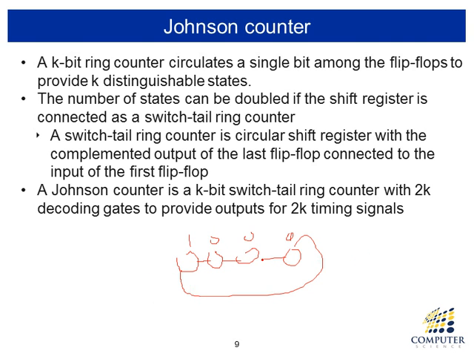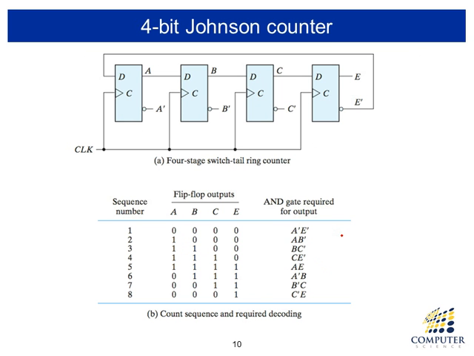So you can have only 4 states with 4 flip-flops. But the Johnson counter is another arrangement such that with 4 flip-flops you can represent 8 different states. So with K flip-flops you can represent 2 times K states. That's a Johnson counter, and the configuration is something like this.